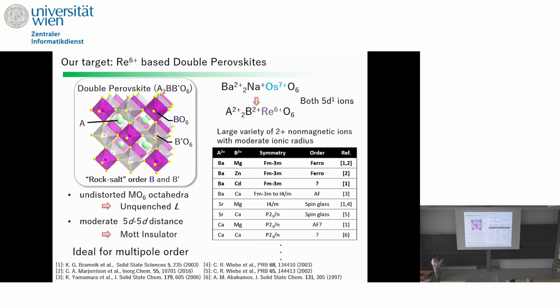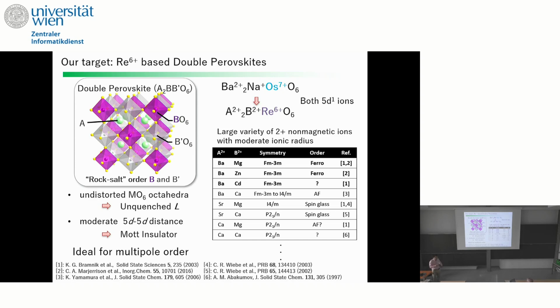So by separating them moderately, we can enjoy the localized character of the 5d transition metal element. That's the reason. And again, we also switch osmium 7+ to rhenium 6+ because we have many choices to study.